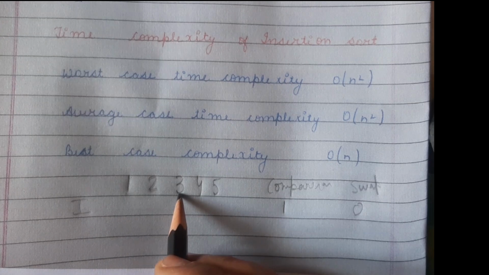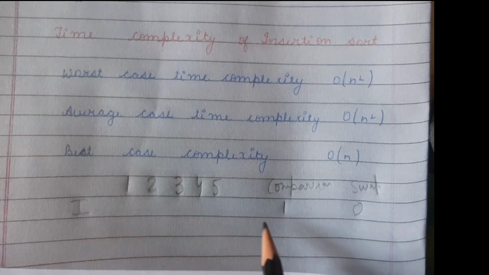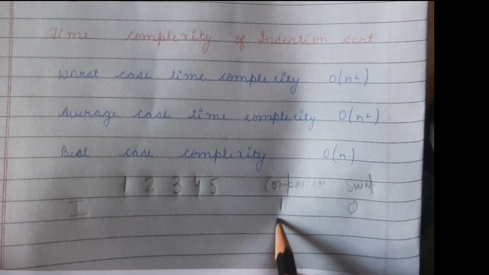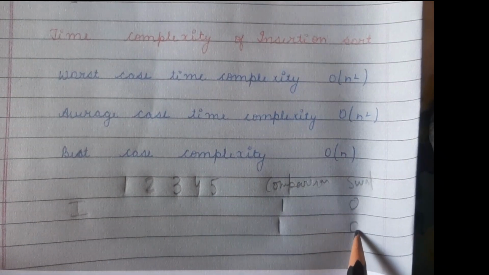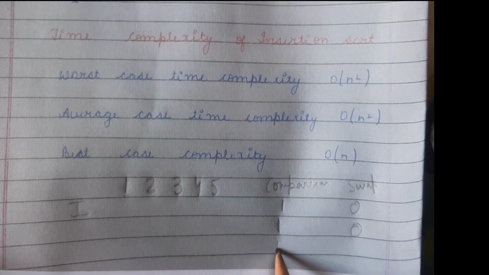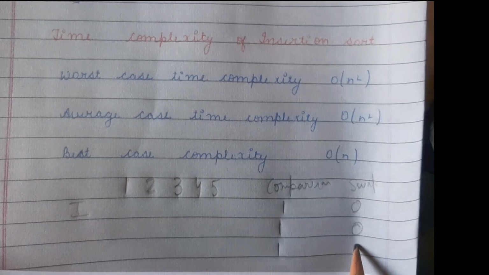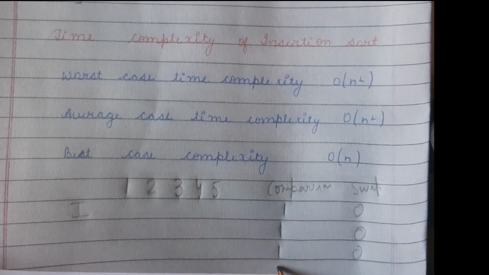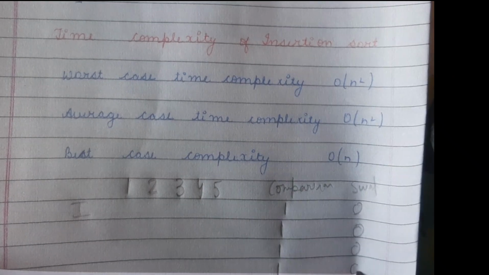After this, in the second pass, 3 is compared with 2. So how many comparisons? Again 1 comparison and 0 swaps. After this 4 is compared with 3, again 1 comparison and 0 swaps. After this 5 is compared with 4, so 1 comparison, 0 swaps.